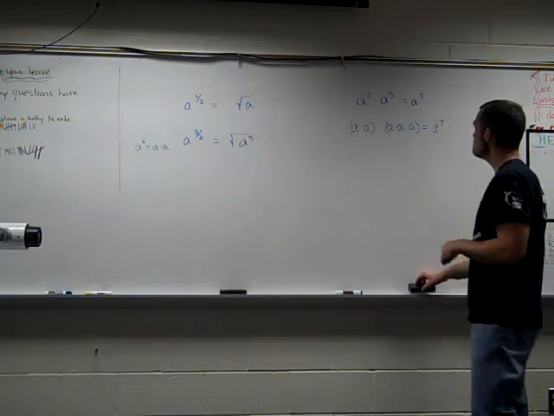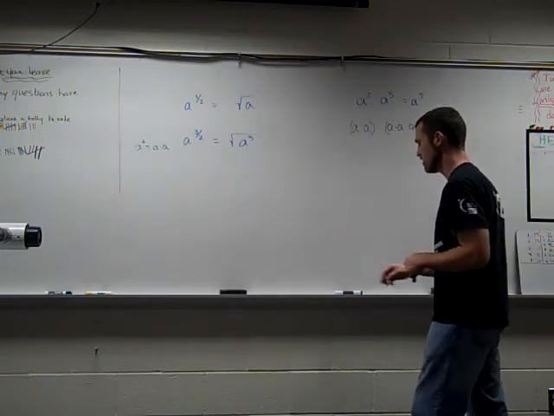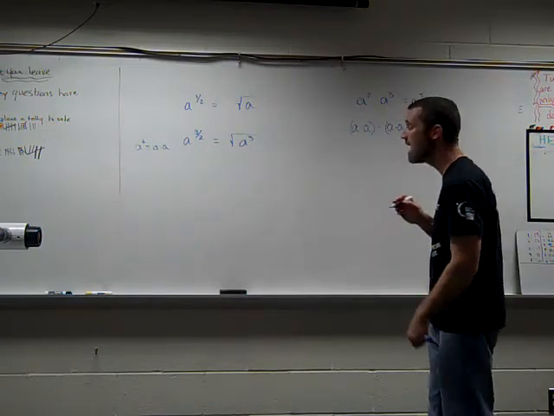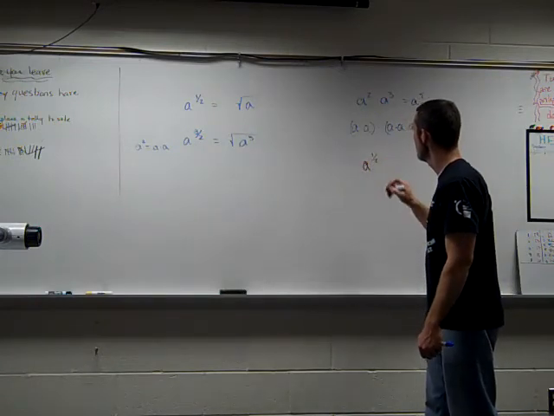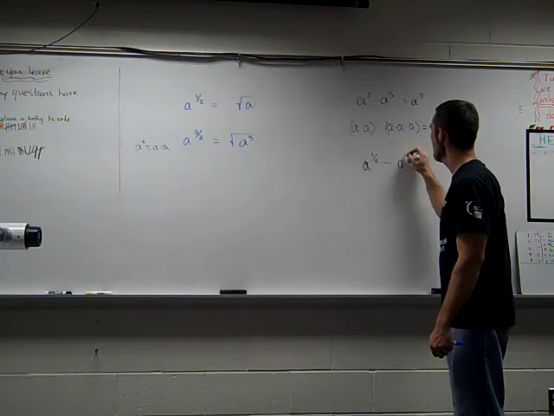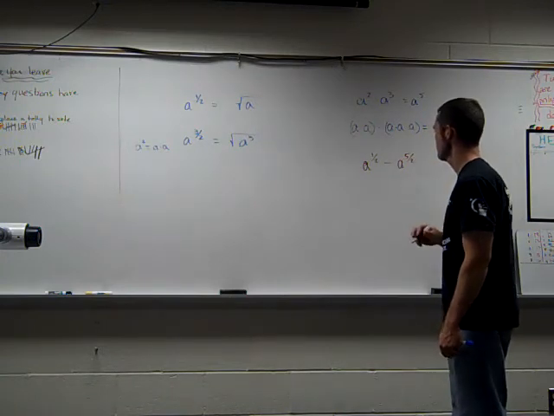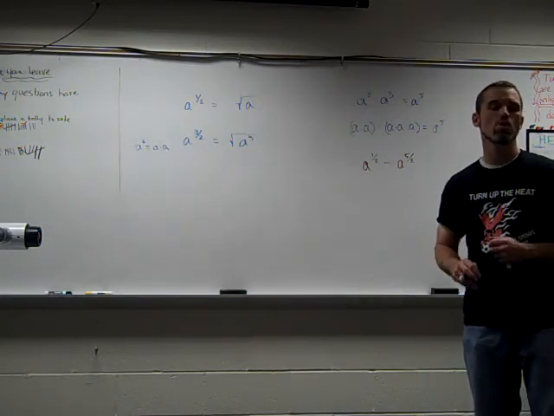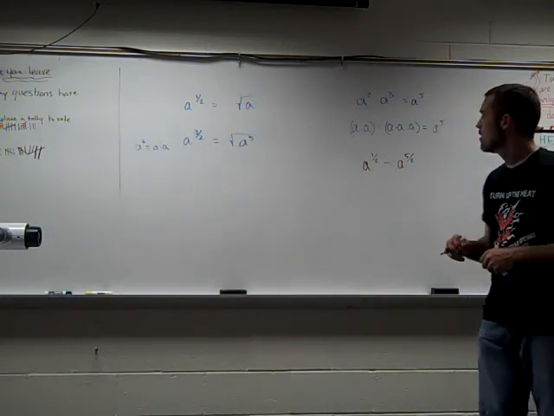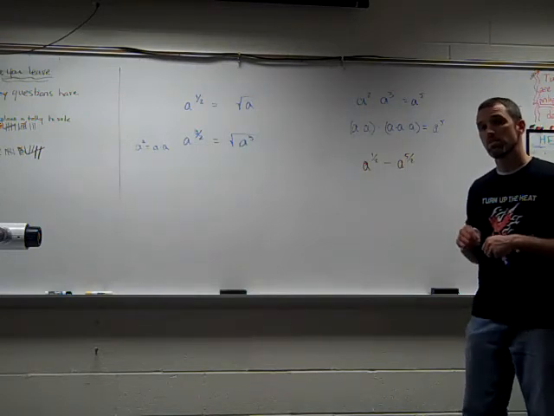Now, flexibly, if I use both strategies, I'm going to do a new example right here in brown. If I had something like a to the 1/2 minus a to the 5/2, let's say just for the sake of algebra, remember that I can factor this.